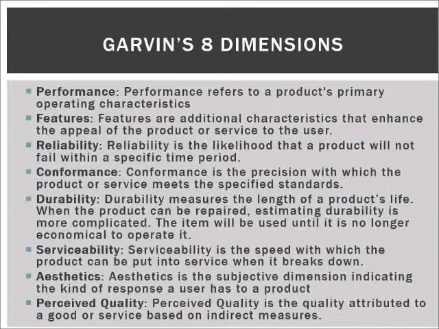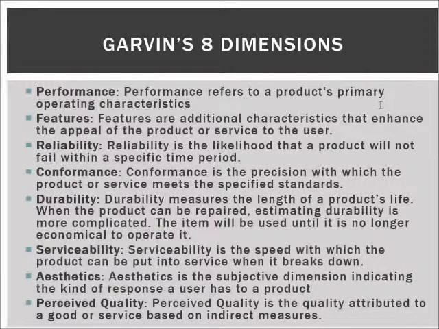The features are the additional characteristics enhancing the appeal of the product to the user, for example, the availability of different apps or different services. Reliability and durability are related to the software or product life cycle.